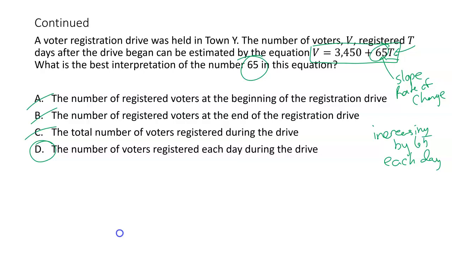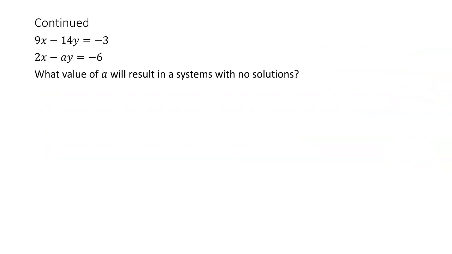Okay. Uno más. What type of system has no solution? Well, we're going to assume that all variables are real numbers unless otherwise specified.